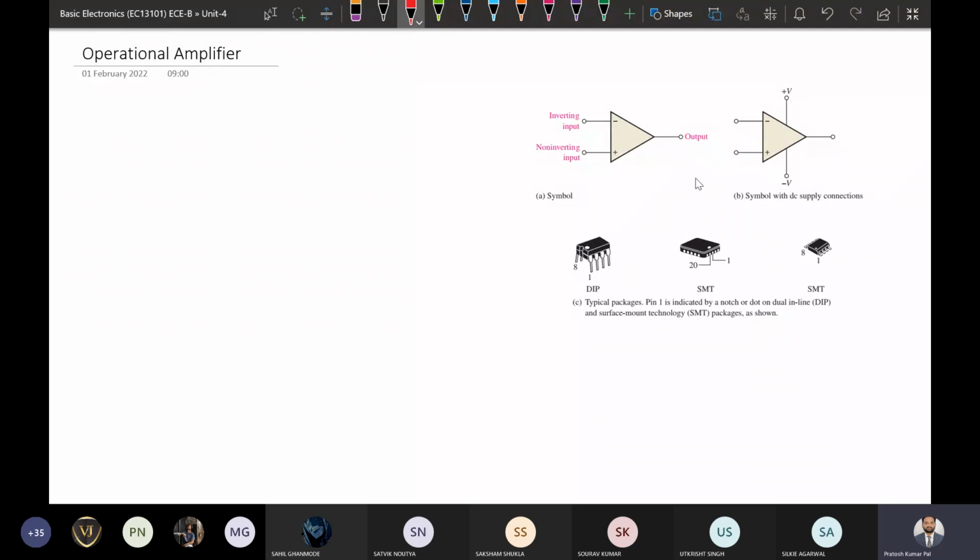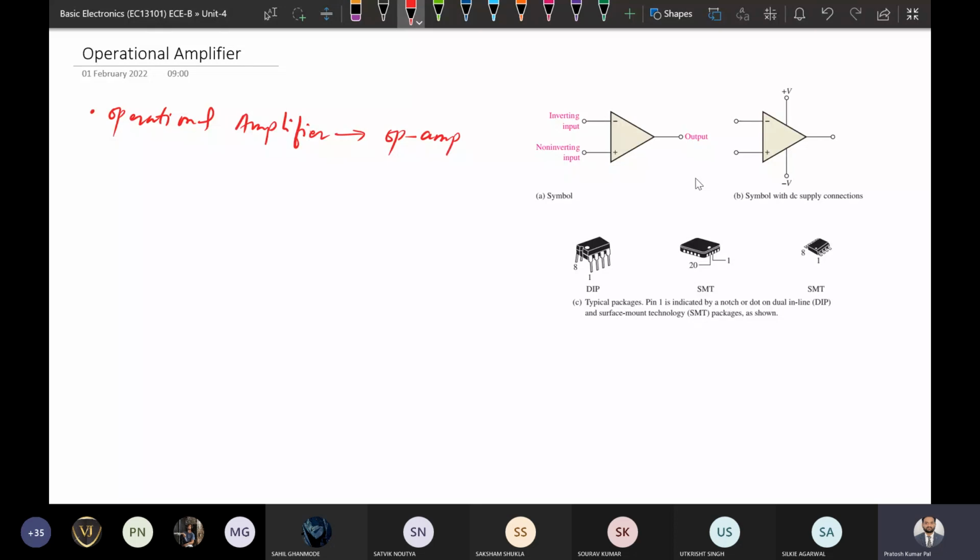In this course, we will be seeing the basics of operational amplifiers. Operational amplifiers are also called op-amps. In short form, it is called op-amp.